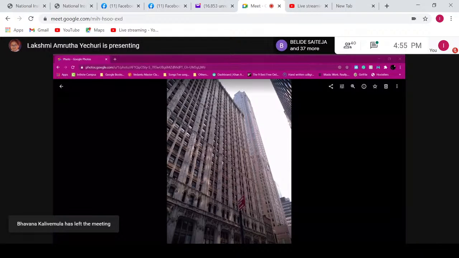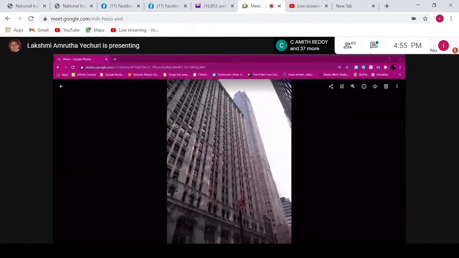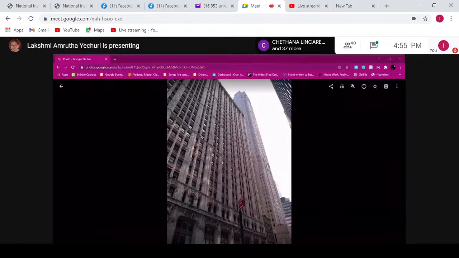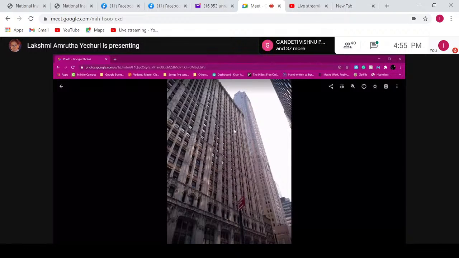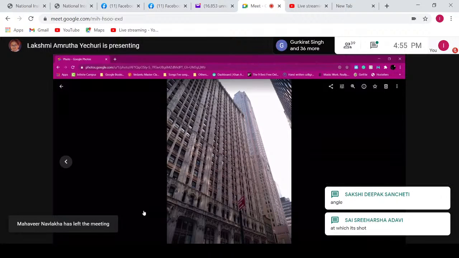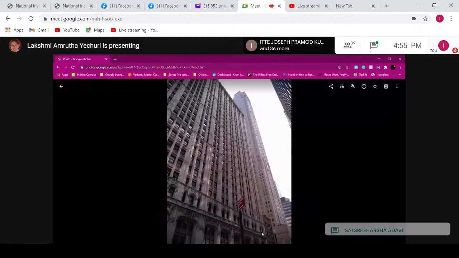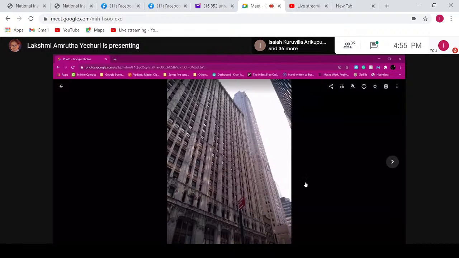What do you guys think about this? Why do you think this is interesting? Or why do you think it looks good? What are the visual elements that make it look good? It's the lower angle of the building. Correct. It's the perspective from which the building is shown. Also, it's the proportions of the building, the texture on the walls, and those windows.